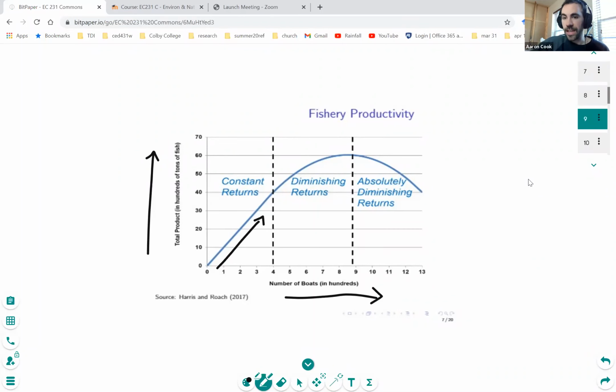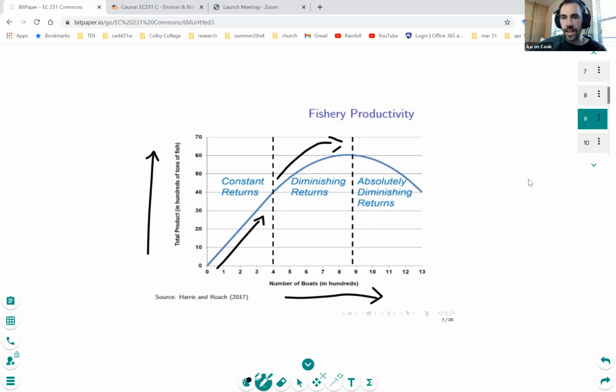But then you start to get that congestion effect where you reduce the fish stock, and a given amount of fishing effort doesn't return as many fish because the fish are sparser. It's harder to find them. So your return continues to increase, but it starts to level off in that middle section of the graph.